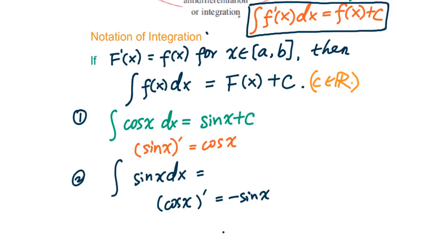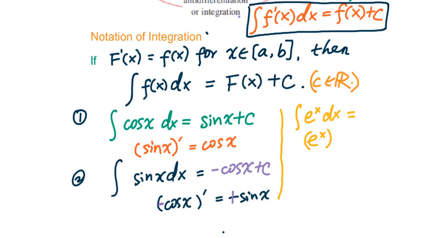Therefore, the derivative of negative cosine x equals positive sine x, so you will get negative cosine x plus c. Integral of e to the x power dx: we know the derivative of e to the x power equals itself. Therefore, you will get e to the x power plus c.